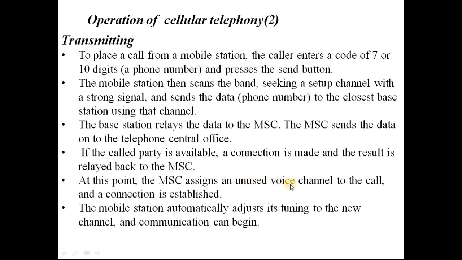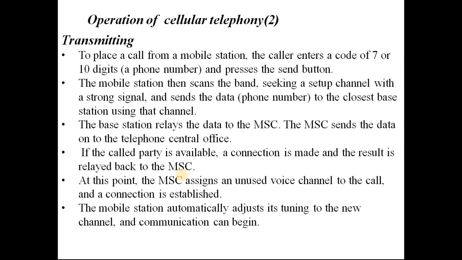At this point, the MSC assigns an unused voice channel to the call, and the connection is established, given to the base station, and through the base station to the mobile station. Sometimes you feel there is interference, and that's because of this, when the voice channels are mixed up. The mobile station automatically adjusts its tuning to the new channel, and communication can begin. So this is how it works from the caller side.